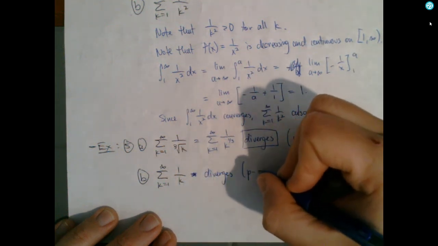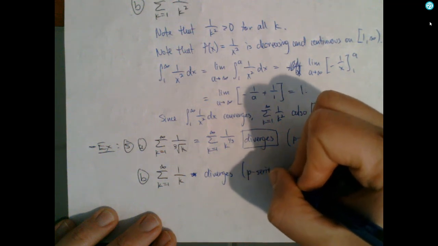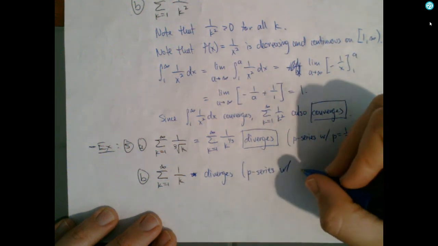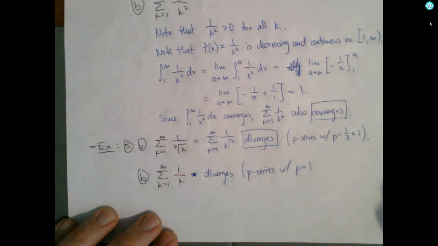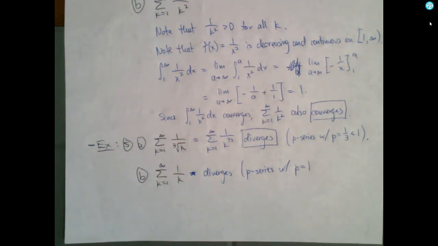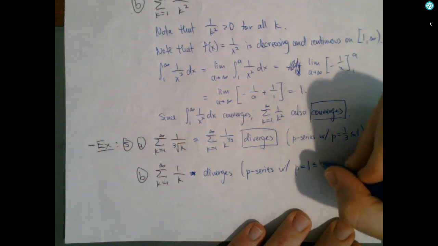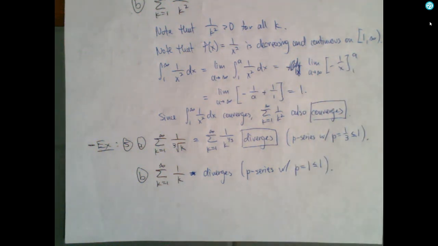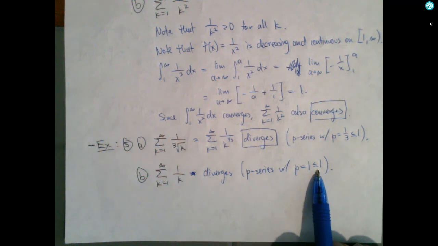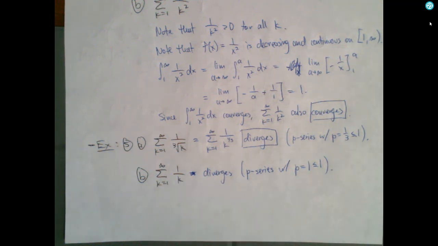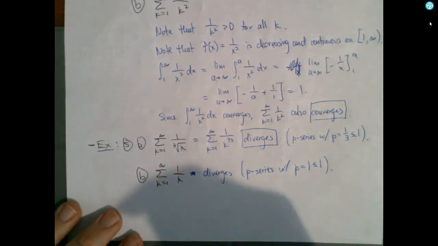Because it's a p-series with p equals 1. So I guess I should say less than or equal to 1. Because as long as p is less than or equal to 1, the series is going to diverge.